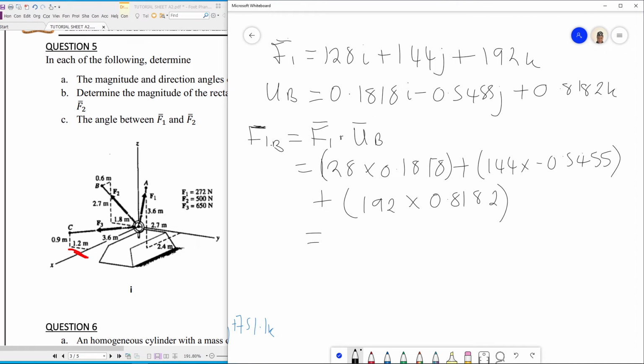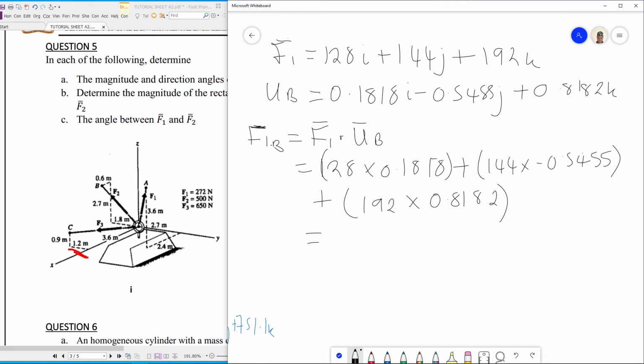And the answer here will be, what will be the answer here? Let's just do the calculations.